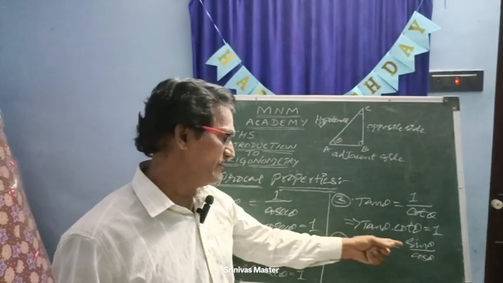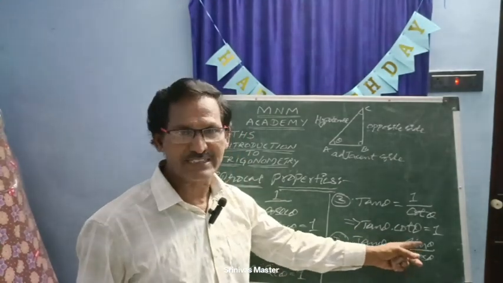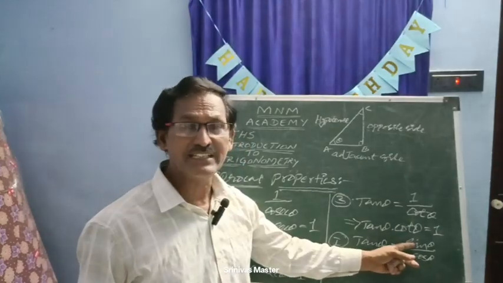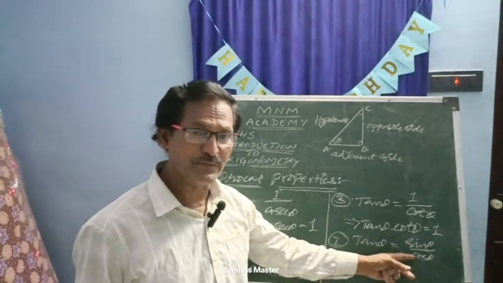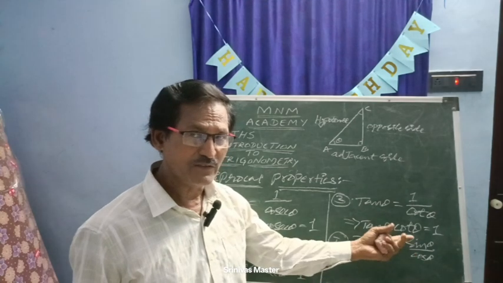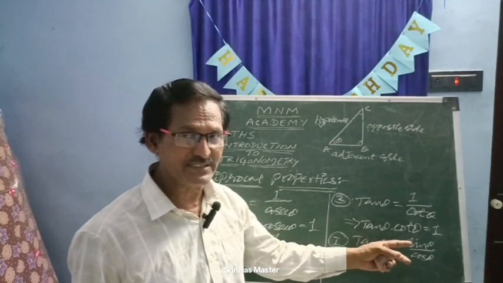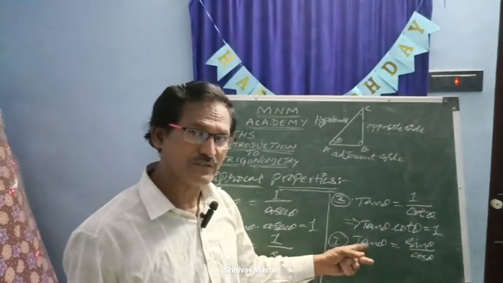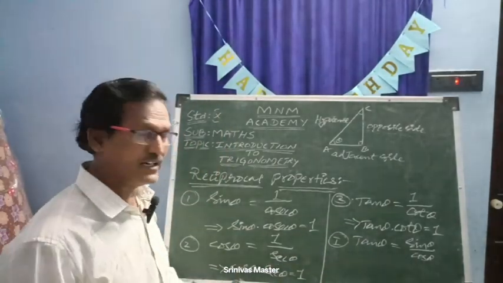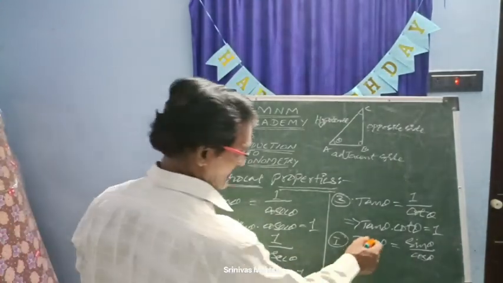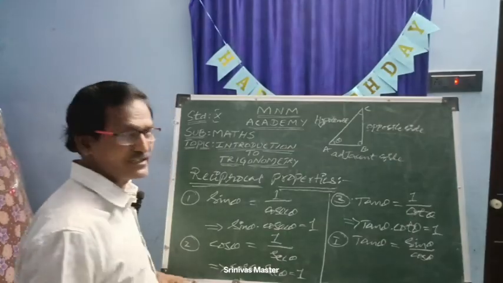Sin theta means opposite by hypotenuse, cos theta means adjacent by hypotenuse. Hypotenuse will be cancelled, no? What will we get? Opposite by adjacent, which is equal to tan theta. So we can say that tan theta is the ratio of sine and cos, that means tan theta equal to sin theta by cos theta.